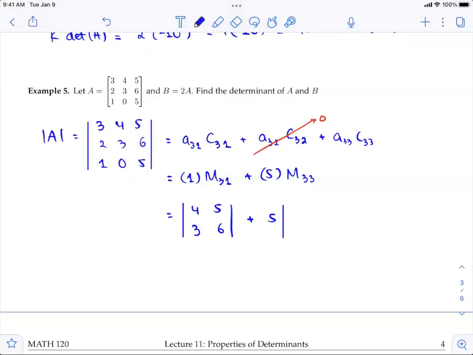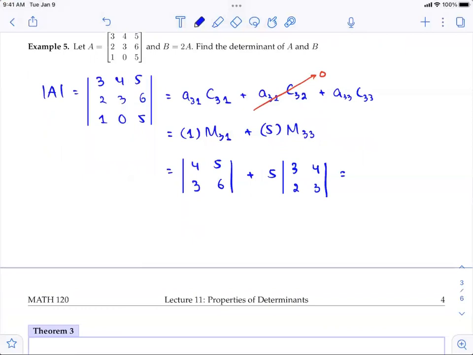You're left with the entries 3, 4, 2, 3. All right, so you get 24 minus 15 plus 5 times 9 minus 8, or this is 9 plus 5, equal to 14.